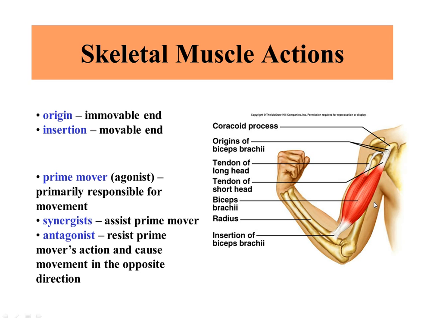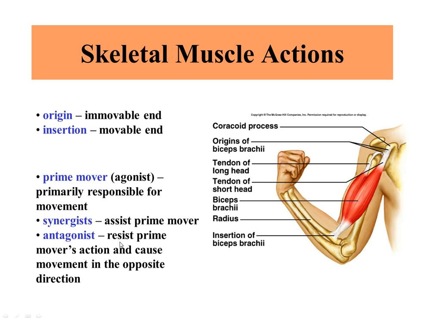Now, so that you don't hit yourself in the face, it needs to be a controlled movement. So the triceps, when you are flexing this forearm, are actually lengthening at a controlled rate, and the biceps are shortening, contracting. So the prime mover for flexing that elbow would be the biceps brachii.